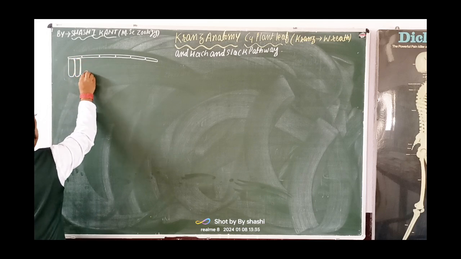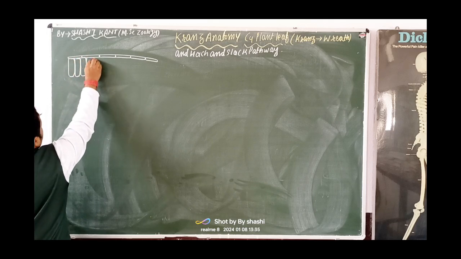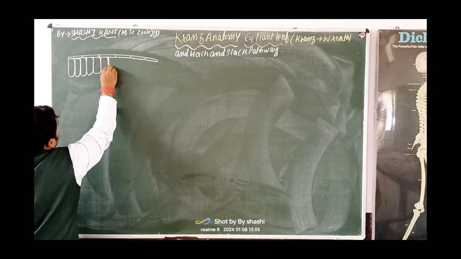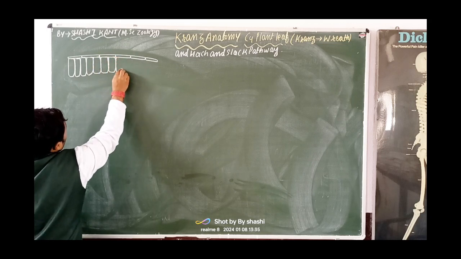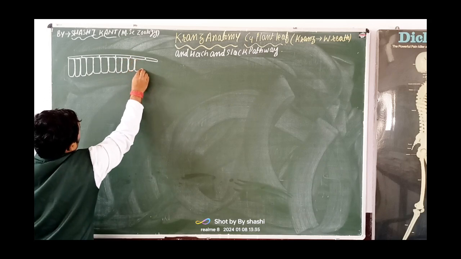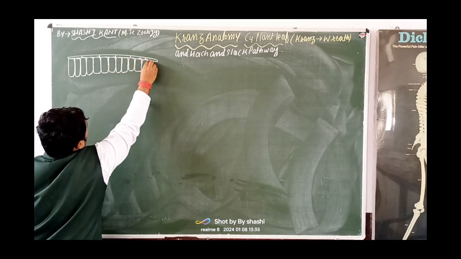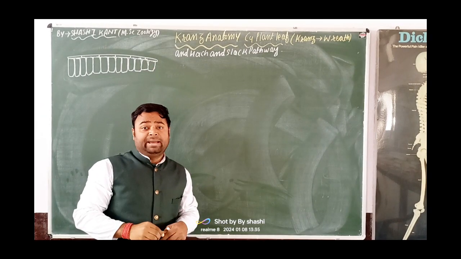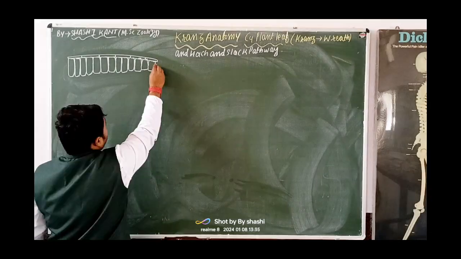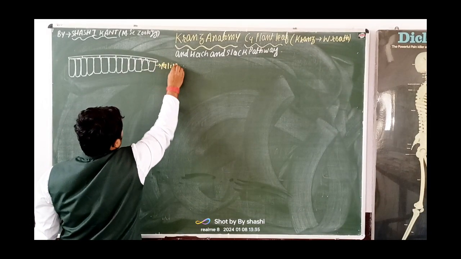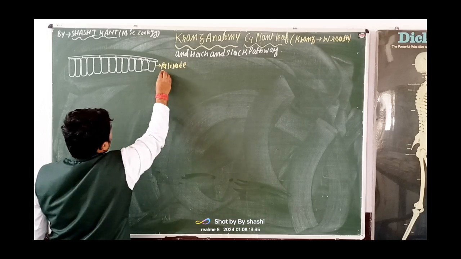Below this upper epidermis, many cells are found. These cells are actually palisade parenchyma.